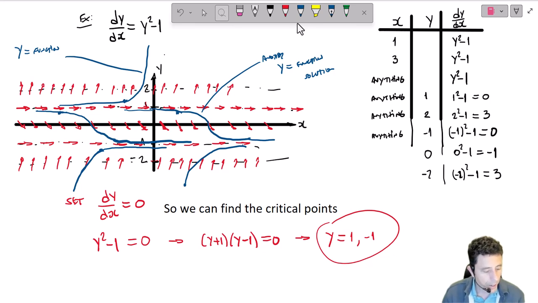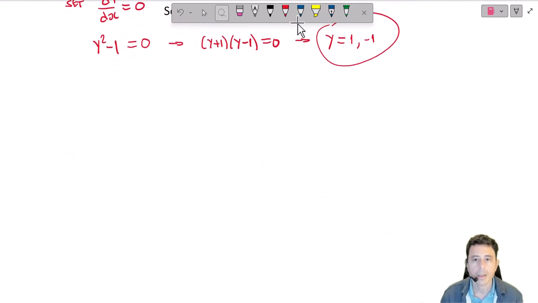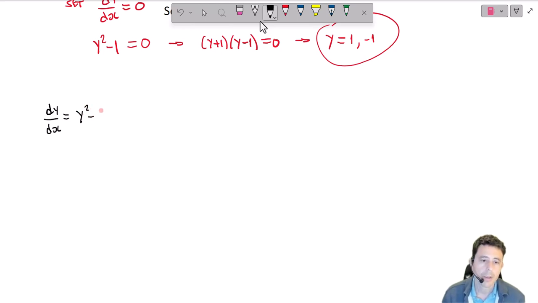So here is, let's take a look at this one. This is y squared minus 4. So first step, this is an autonomous ODE.